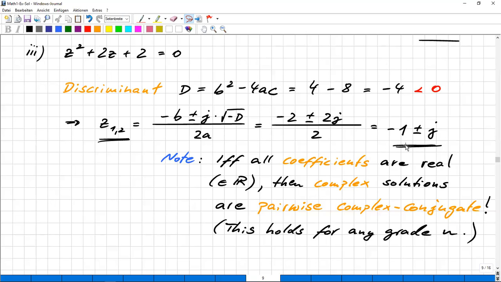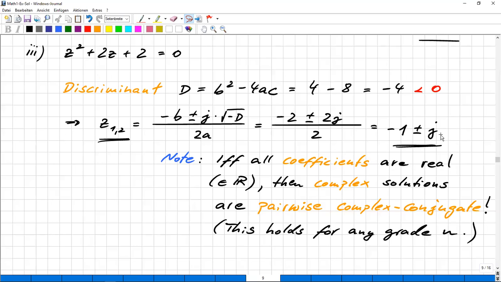Anyway, the more interesting result is that -1 plus j is one solution, and the other solution, -1 minus j, is the complex conjugate. So these two solutions are complex conjugates with respect to each other.